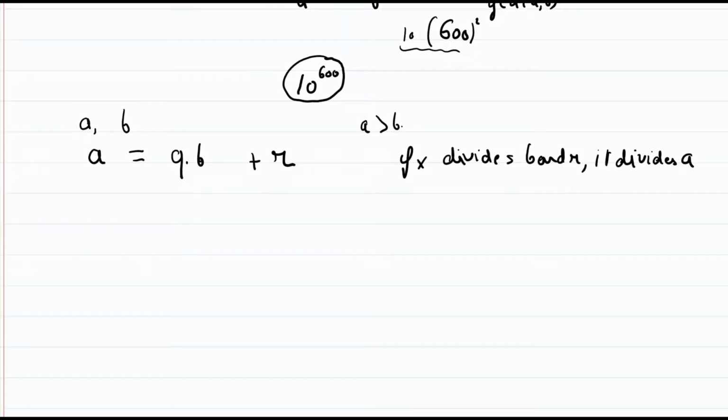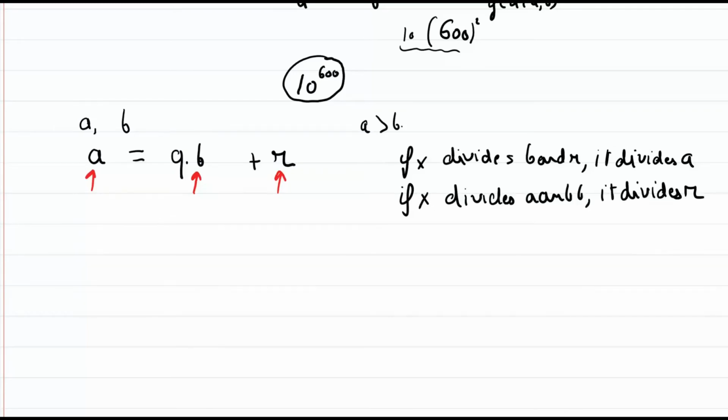Now, if you take an x which divides a and b, then for sure it should divide r, because r equals a minus q times b. So I write here: if x divides a and b, it divides r. From this we conclude that the set of divisors of both a and b is the same as the set of divisors of both b and r.